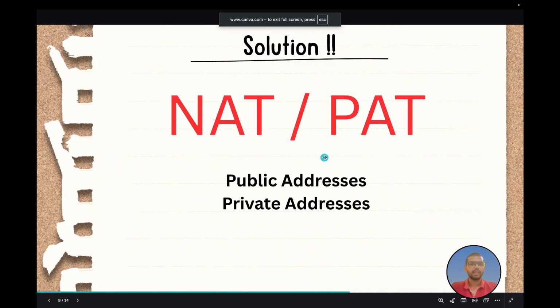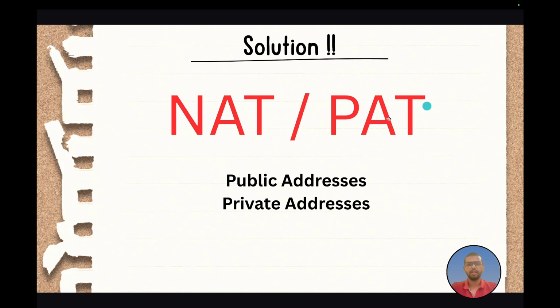Before we start the configuration part, the configuration is very similar to what we have seen for dynamic NAT, so it's better to start with the theoretical part. The solution for why we don't run out of IPv4 addresses is NAT and PAT, and the concept of public and private IP addresses.